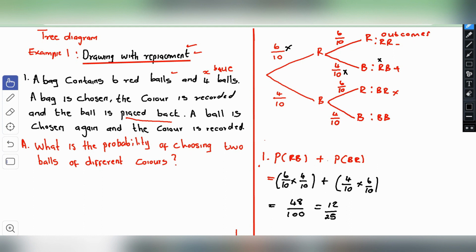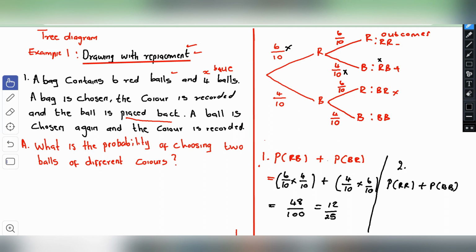So how can we find the probability of choosing two balls of the same color? Obviously, it's going to be the probability of RR plus the probability of BB. This is the probability of choosing two balls of the same color, right?